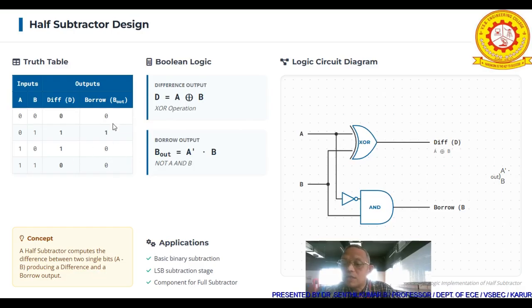When you see the borrow structure, it is like this, so the implementation is to be done like this. Since there is one here, it is A bar B, and only one is available, so only one term will come here. Accordingly, the design procedures are done.